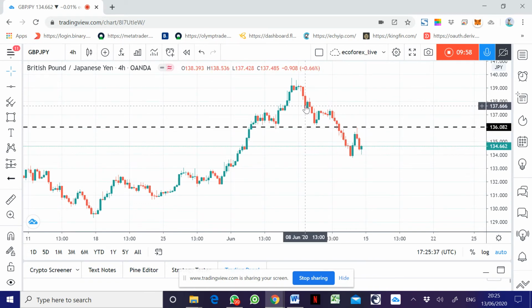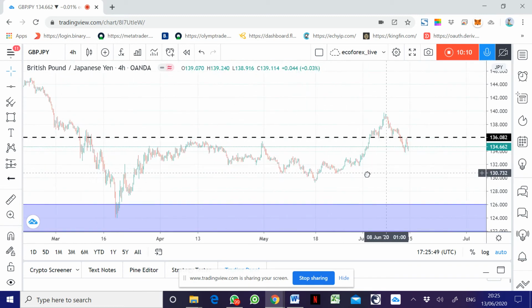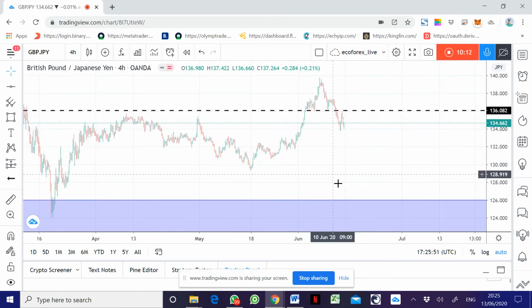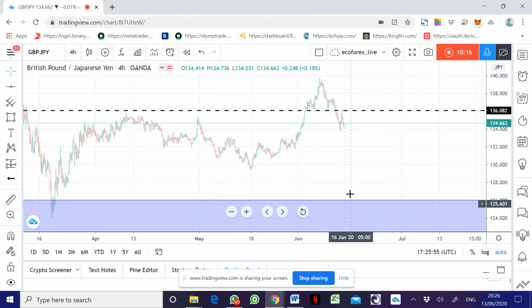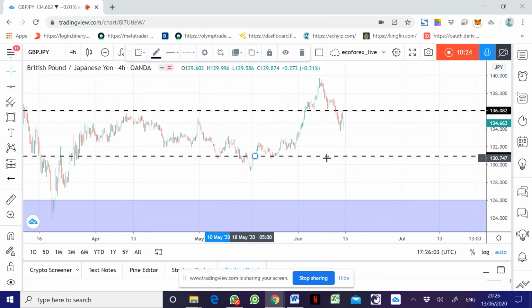Okay, so it came from here, breathed in, then breathed out, breathed in, breathed out. So we're expecting this market, or the prices, should go down up to here. The probability is it should go down up to here or to somewhere here, where we can draw our minor support.